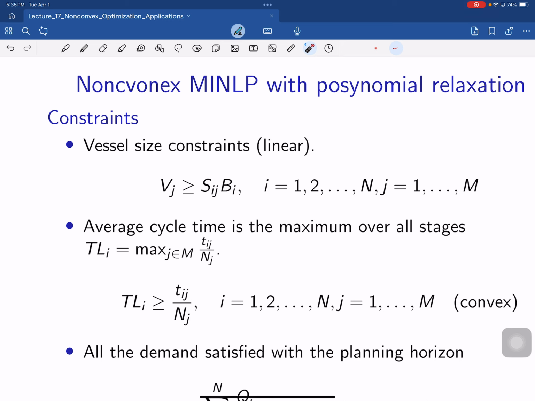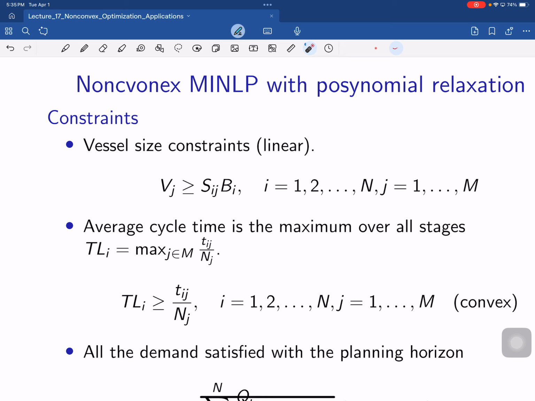Or in other words, if you have a given batch, you need at least this amount of vessel size in order to produce this product, right? I think it's the other way around. If you have, let's say, batch size of Bi, then your vessel size has to be greater than or equal to this size factor times Bi, right? This is like a capacity constraint, right? You cannot produce a batch larger than what your vessel size allows you to produce.